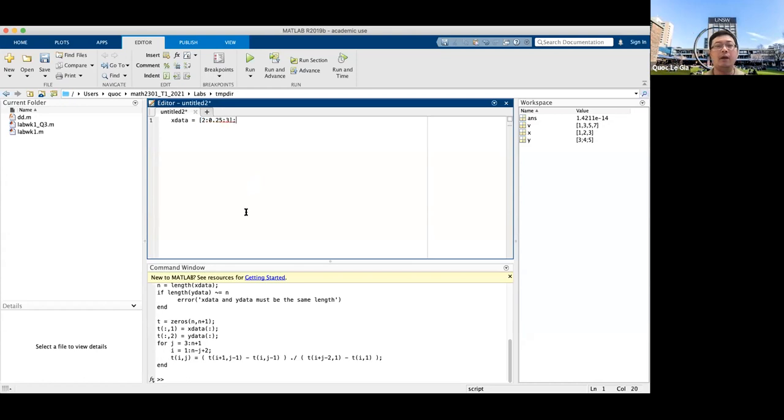So this is my x data. And what is my y data? My y data is, remember, just the Bessel function y of order 1, and I apply it to the x data points. Now I run it.